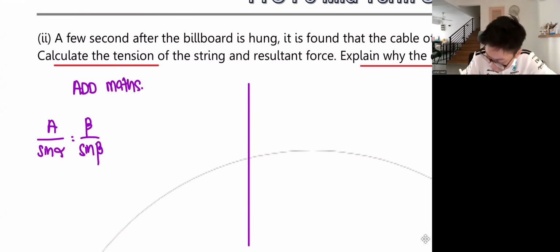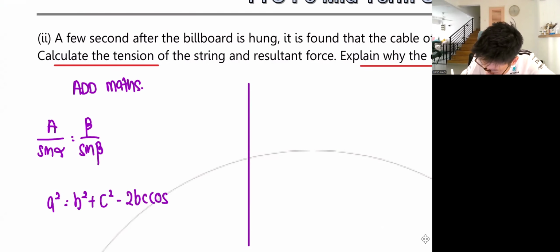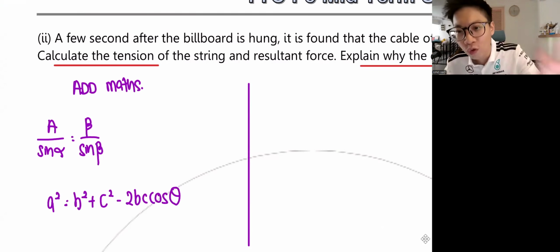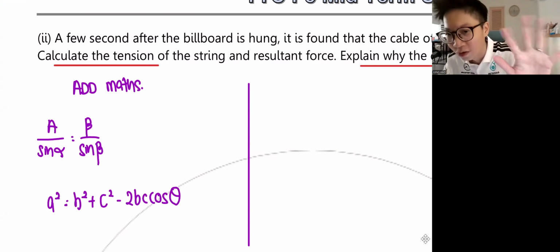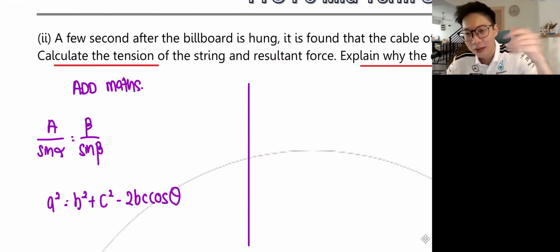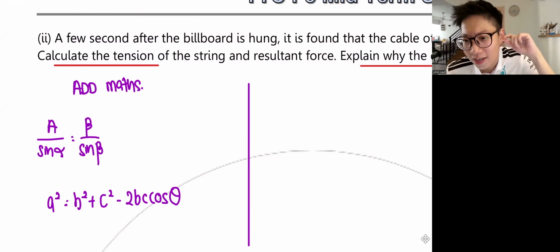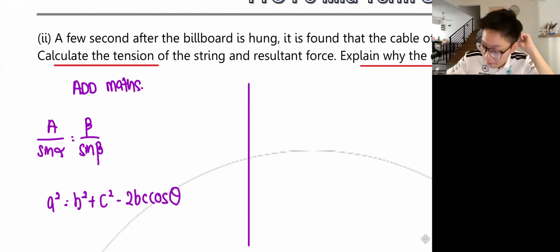Or you can use the cosine rule: A squared equals B squared plus C squared minus 2BC cos theta, something like this. I don't even know if I wrote this correctly. Did I write it correctly? Can anyone tell me?